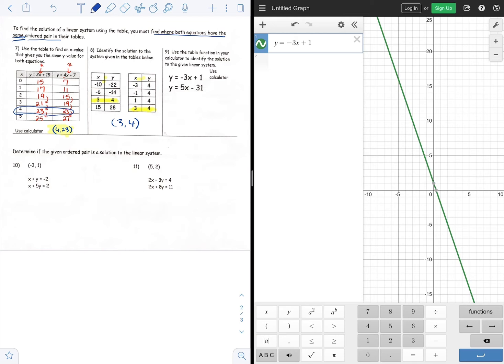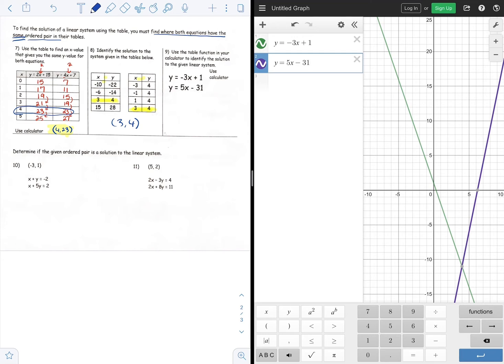Remember, when we're typing the negative in Desmos, we're just using that subtraction symbol. All right, for the second equation, we're typing y equals 5x minus 31.